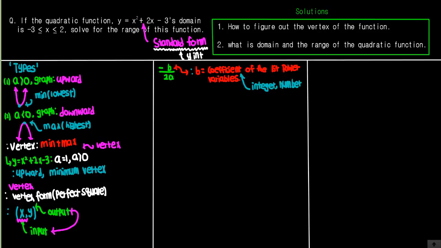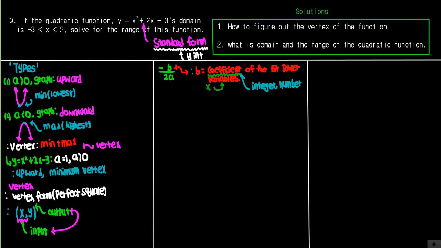But the coefficient is going to be the number that includes the variables. And this is what the coefficient means in the quadratic function. So b is the coefficient of the first power variable, and the variable in this case is x, which changes depending on the situation.